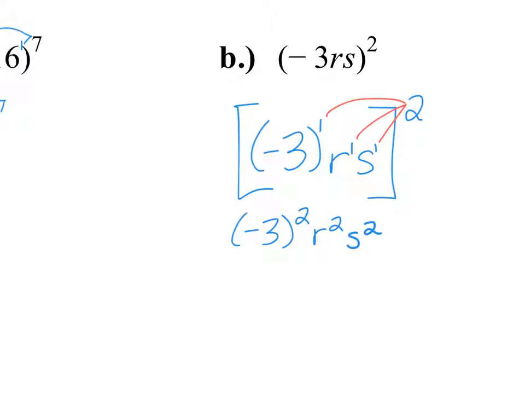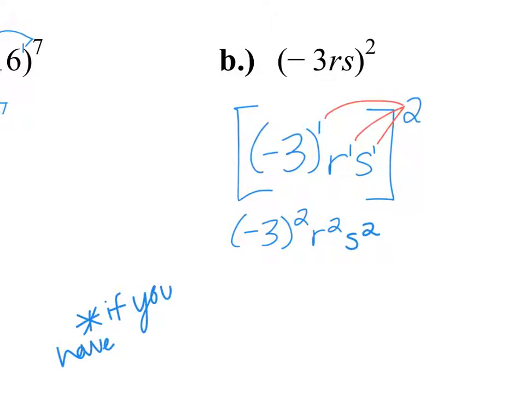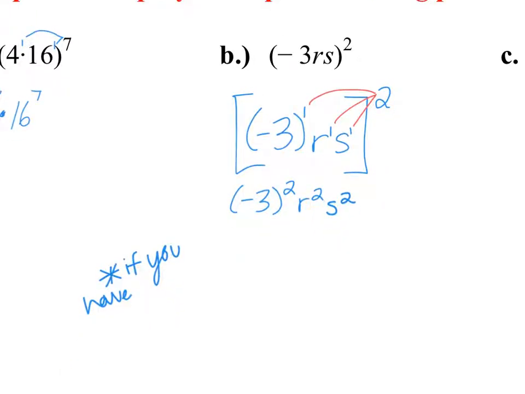Okay. On all the rest of them, I've told you to leave the numbers like this. Make a note to yourself. If you have variables, like we do here, R and S, you're going to go ahead and evaluate the numbers. Evaluating means that you're going to actually find out what they equal.